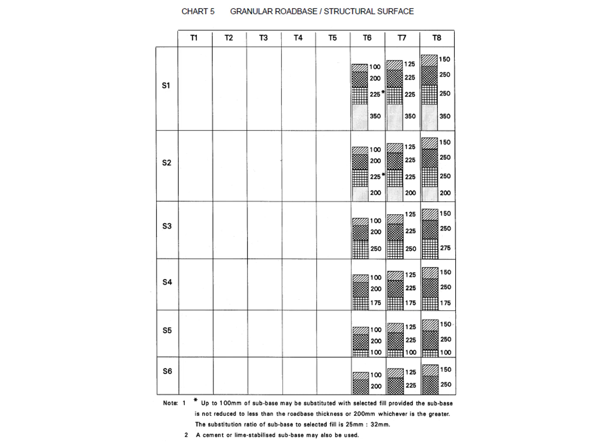Now if you look at the footnotes given at the bottom of the chart, here you can see note 1 and note 2, and you can see that up to 100 millimeter of subbase may be substituted with selected fill.